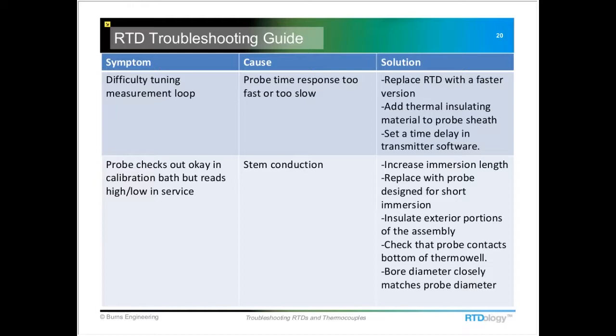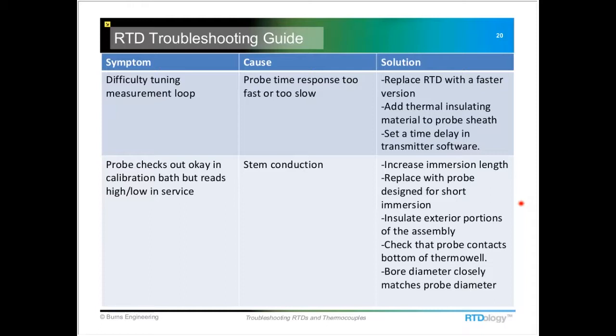Most of the time, it's going to be due to stem conduction. There are some solutions to this. The easiest one is to increase the immersion length of the probe in the process. That will help minimize the stem conduction effect. There are some probes that are designed specifically to be very tip sensitive, so you can get by with a shorter immersion length.